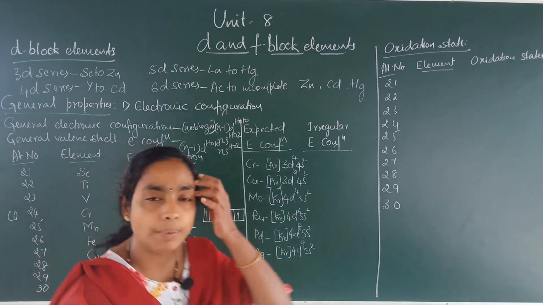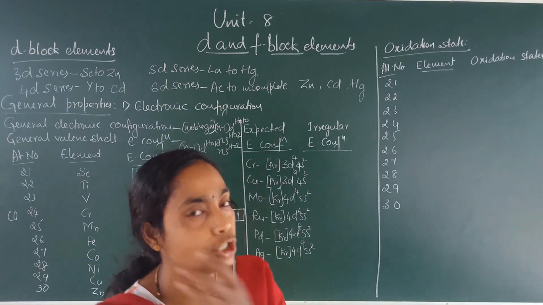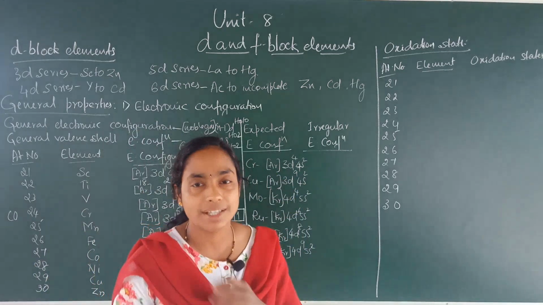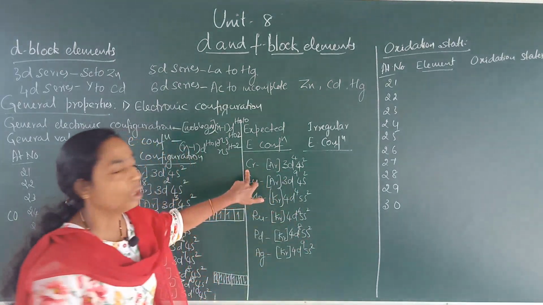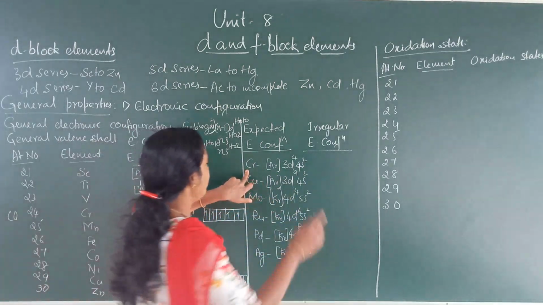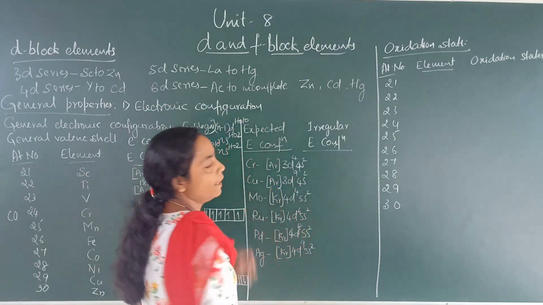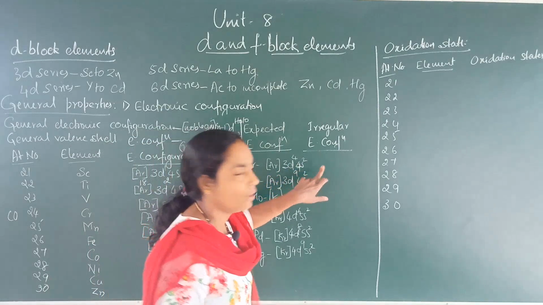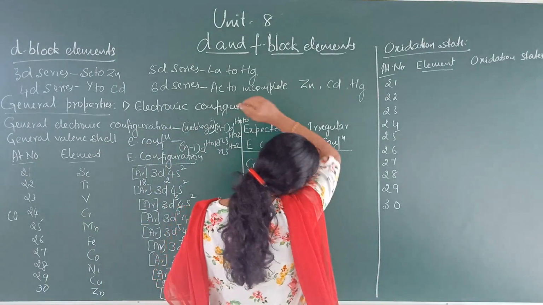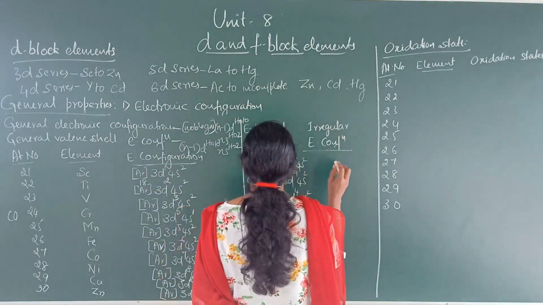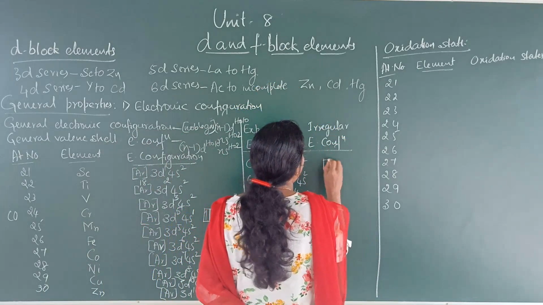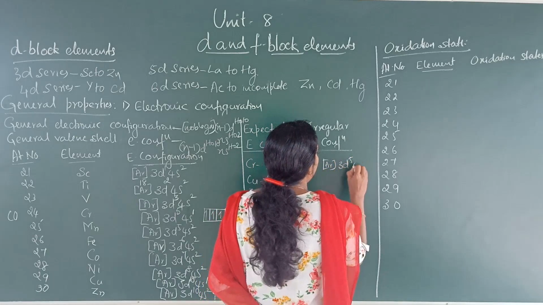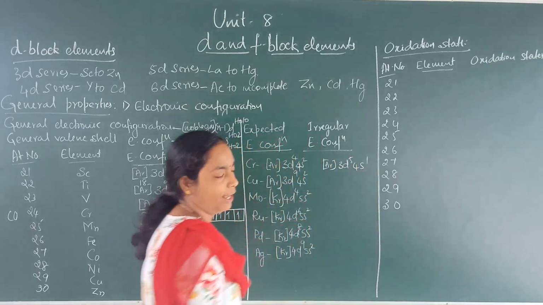Now, in the d block elements, some of the elements show irregular electronic configuration. We will list out such elements. Chromium, I already explained. The expected electronic configuration of chromium is argon 3d4 4s2, but the actual electronic configuration is argon 3d5 4s1.